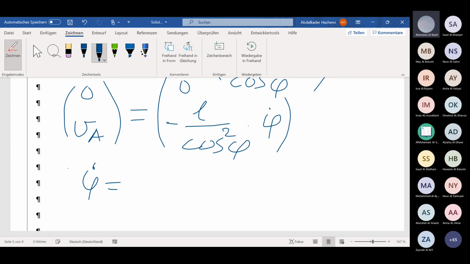It's equal to minus VA divided by L cosine square phi. This is what we get for phi dot.